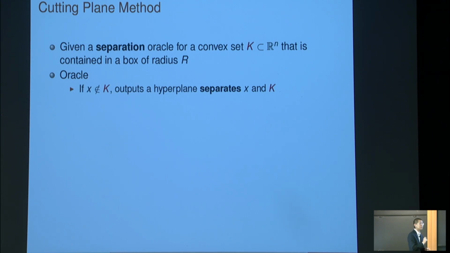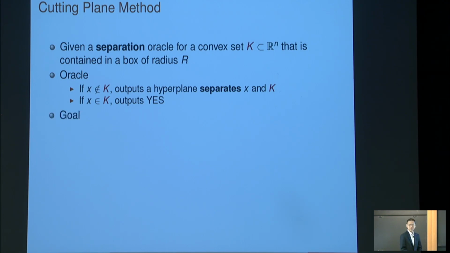If X is not in the convex set, the oracle will output a hyperplane which separates X and K. If X is in the convex set K, it will just output yes. The only thing I can do with the oracle is give a vector, and you tell me one of 2 possibilities: either a hyperplane or yes.